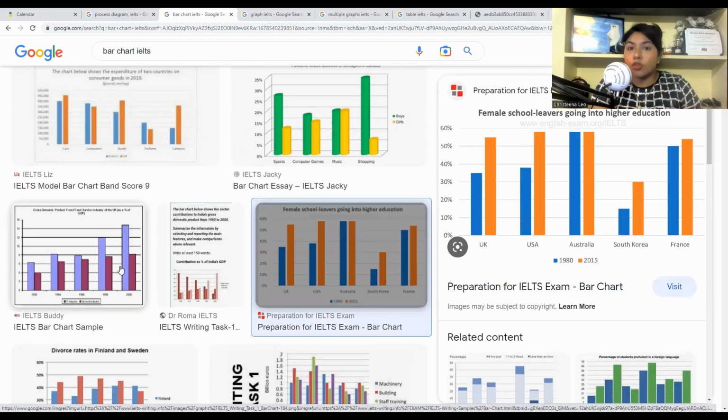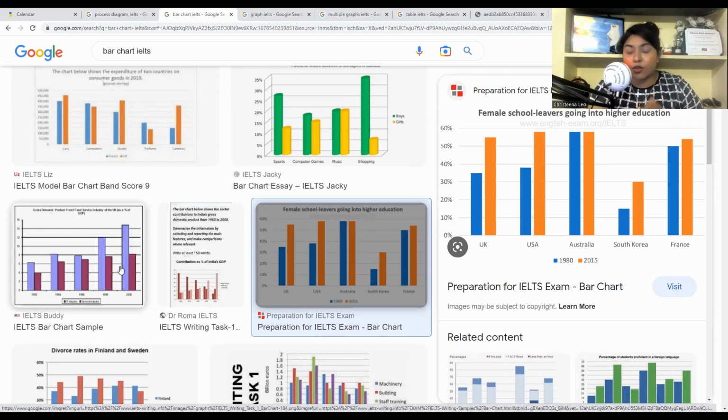So that's the overall trend. And then you have to describe differences and make comparisons. You don't have to describe every single thing that you see on the bar chart, just the major relevant differences or trends, and summarize that information and select and report those details.